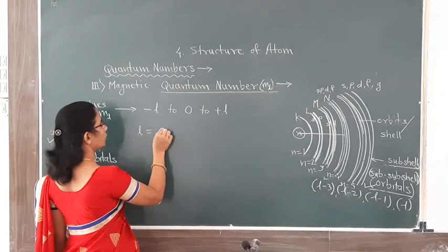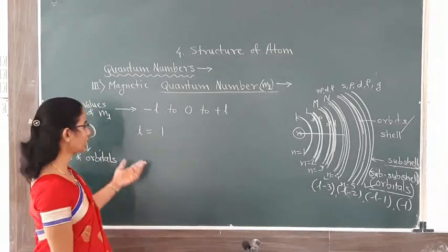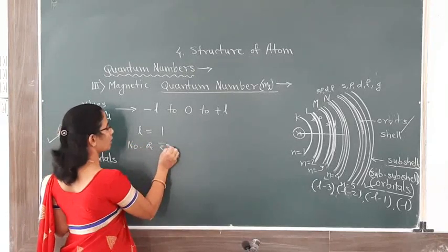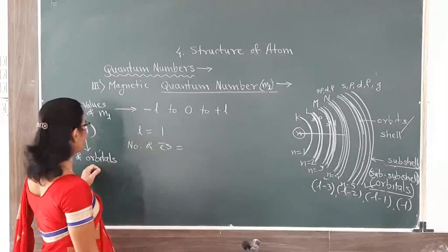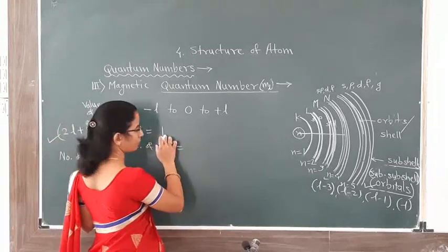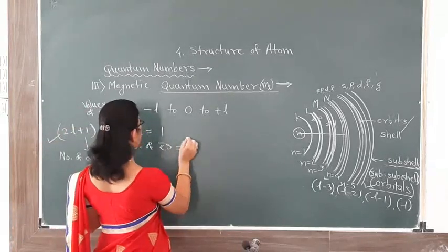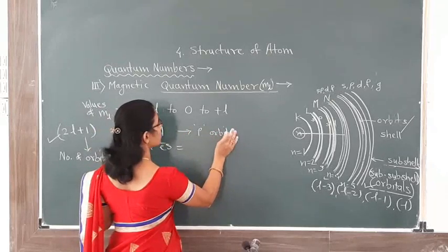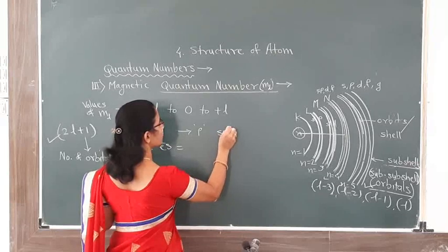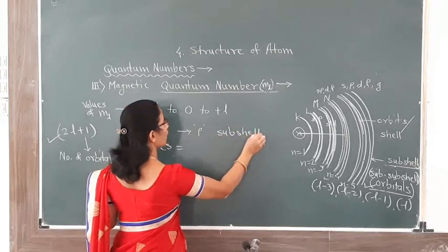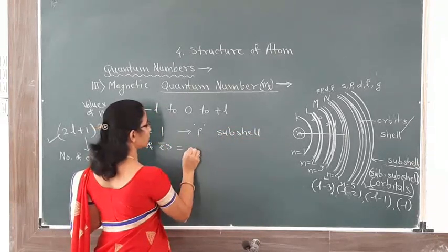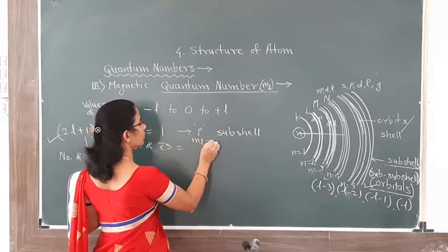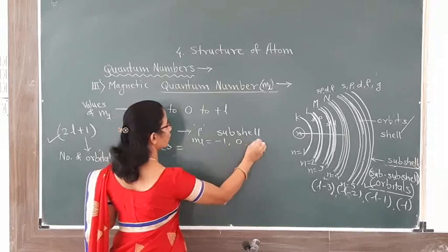For p, we know that L is equal to 1. So how many electrons are present in it? L is equal to 1 means the subshell is p.